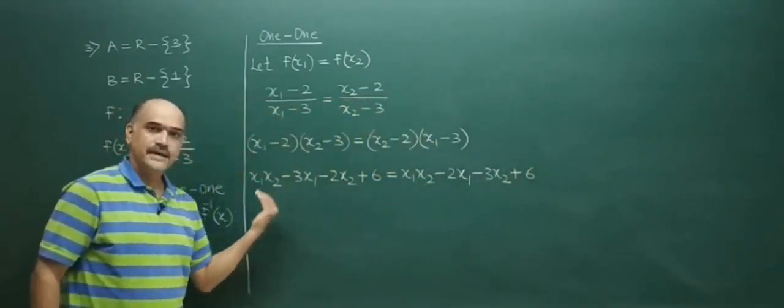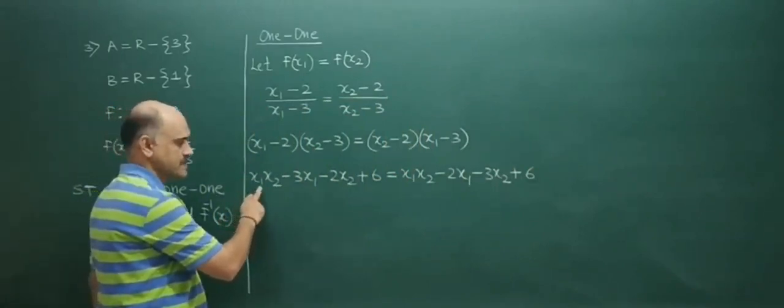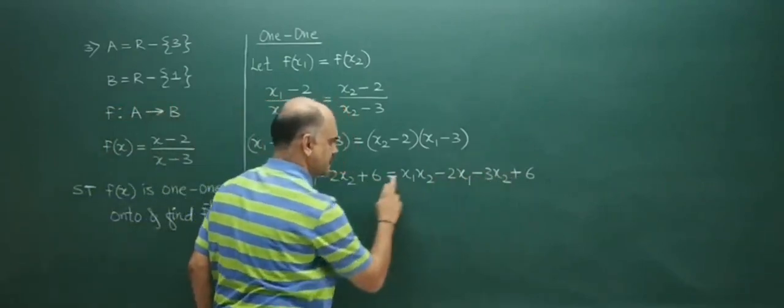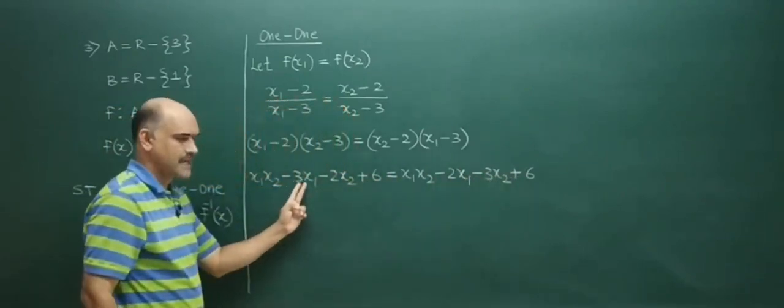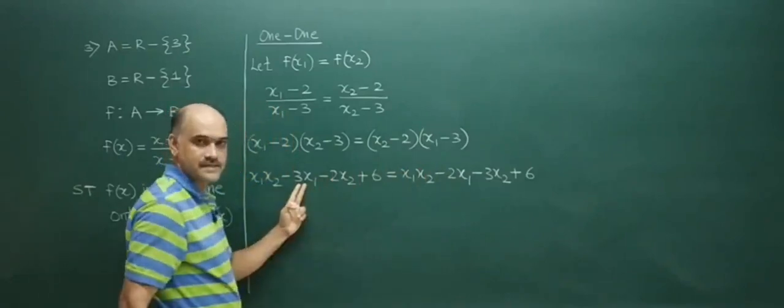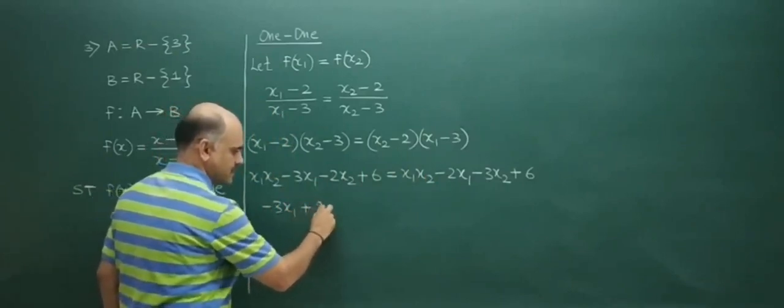Now again take all terms to the LHS. If you take all terms to the LHS, x1 x2 gets cancelled, 6 gets cancelled. Minus 3x1, if I take it to the LHS, it will be plus 2x1. So minus 3x1 plus 2x1.